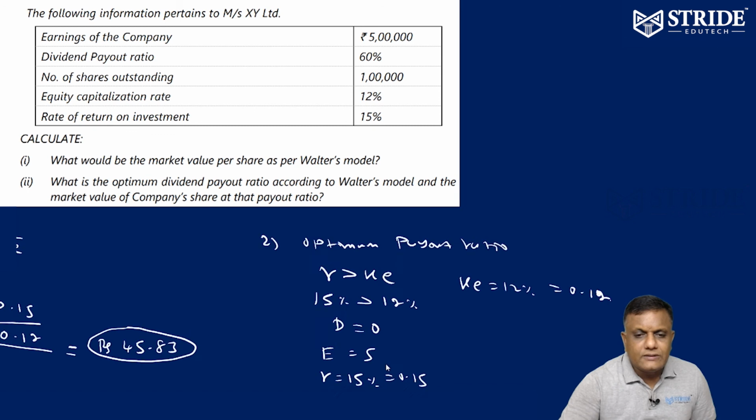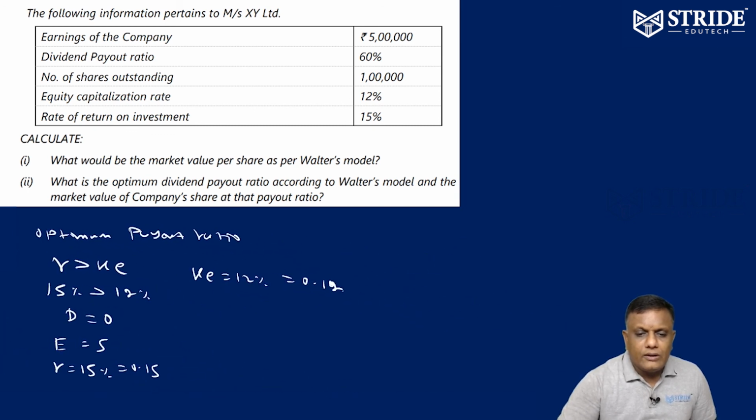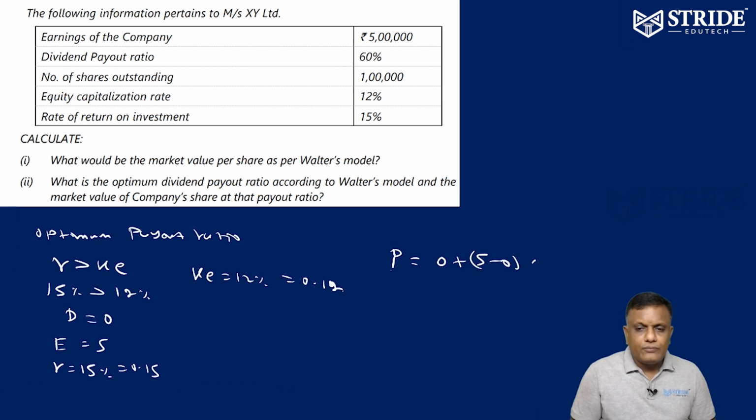Substitute these 4 figures in Walter formula. Market price per share P is equivalent to D 0 plus E 5 minus 0 into 0.15 by 0.12.